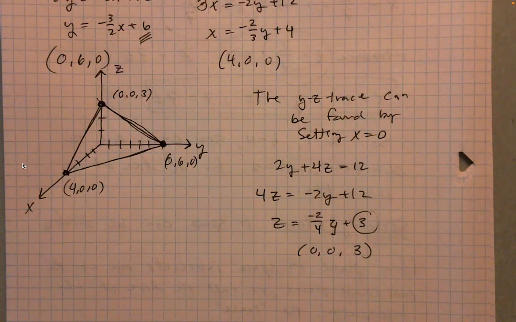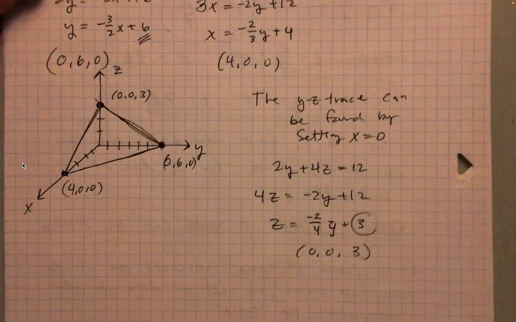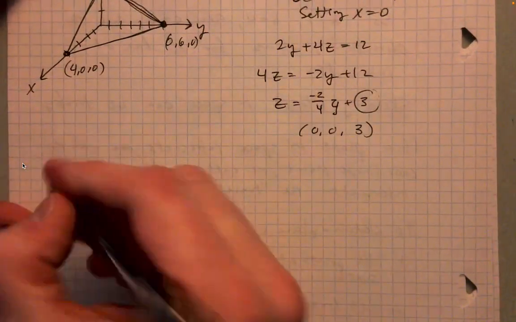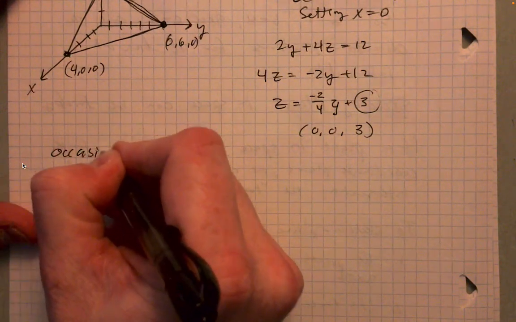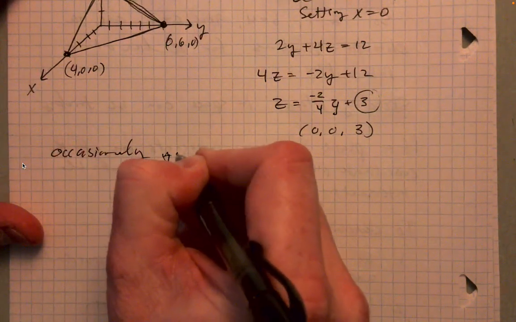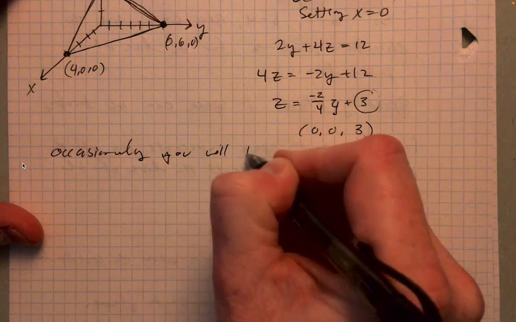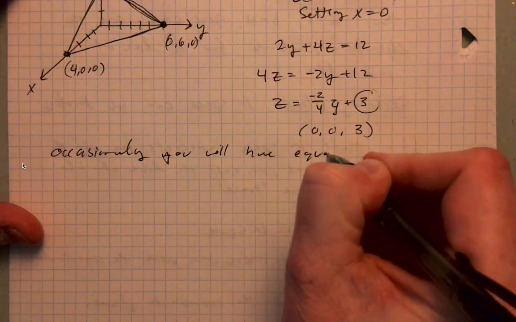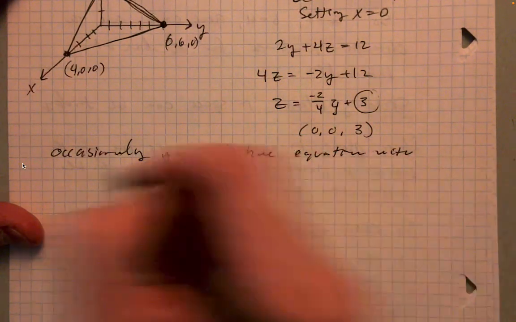Occasionally, you'll come across equations for planes that'll have missing variables. What does that mean? Occasionally, you will have equations with missing variables.